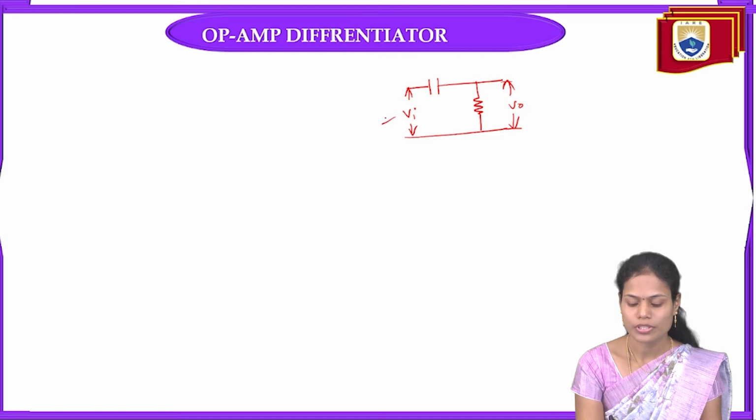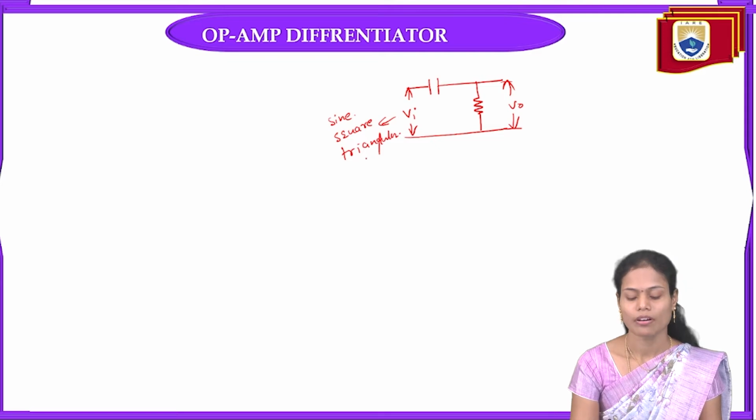The input signal may be a sinusoidal signal, square wave, triangular wave, or else a step signal. We can apply any kind of sinusoidal as well as non-sinusoidal signal to the differentiator circuit.